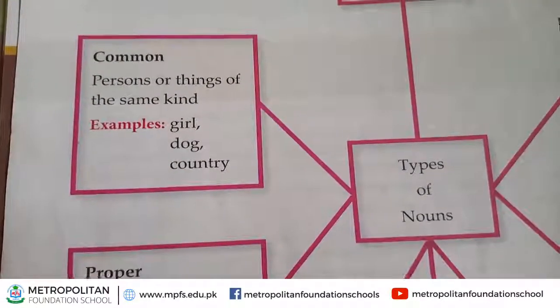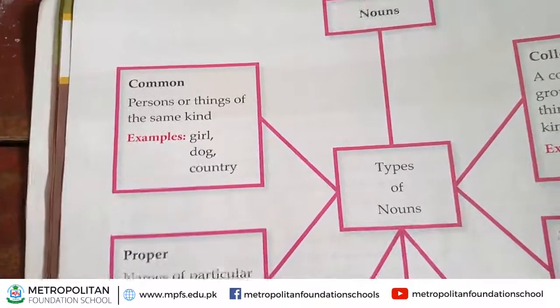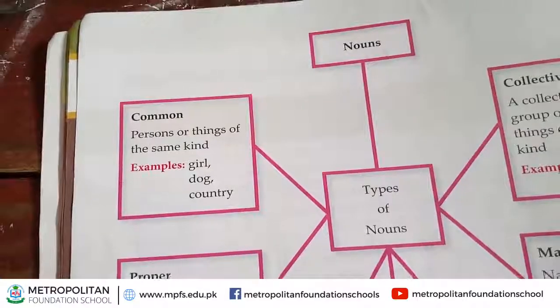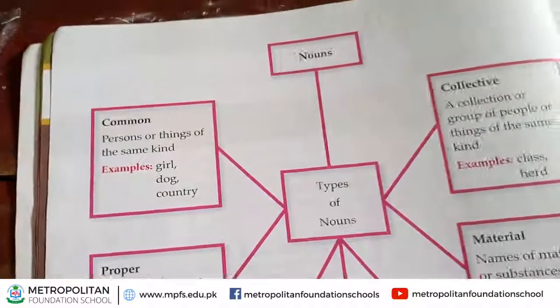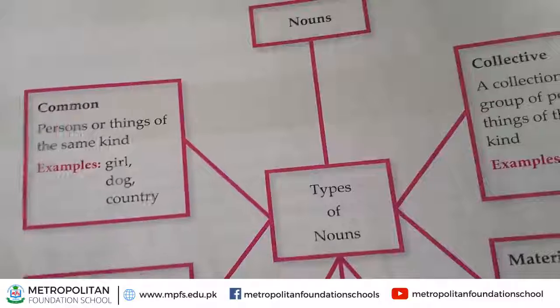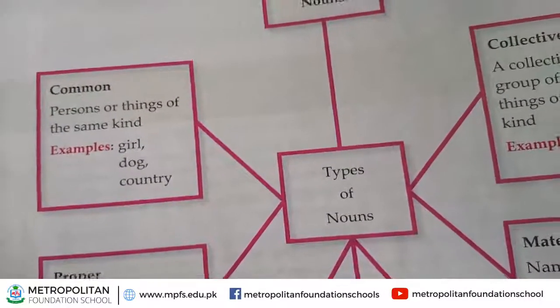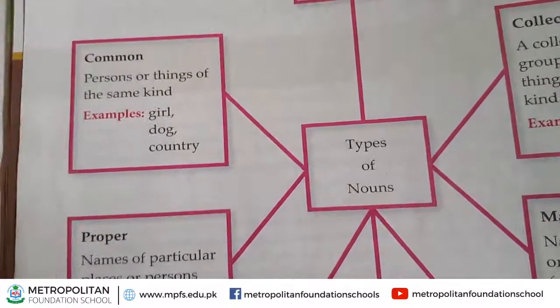So students, in our next class, I will explain the definitions of proper, common, collective, material and abstract nouns. And we will also talk about the making of nouns from verbs and adjectives, that is, how we can make a word from a verb and adjective.